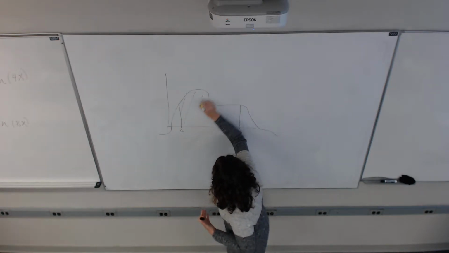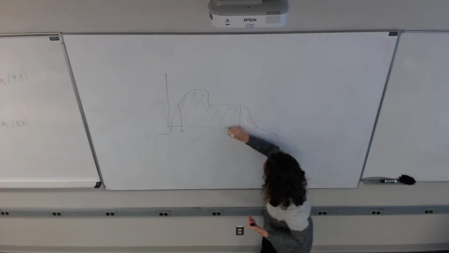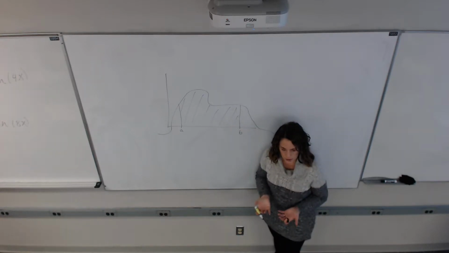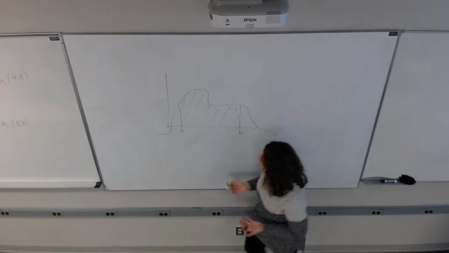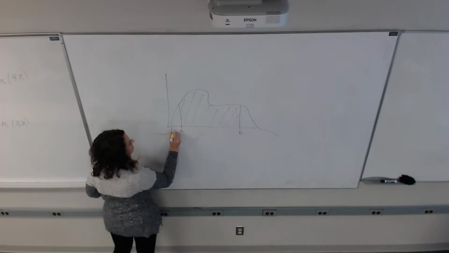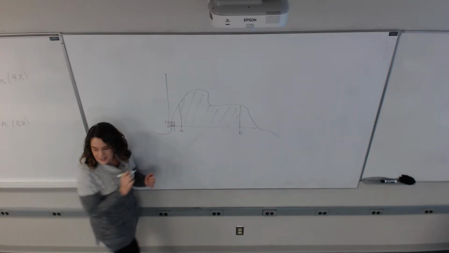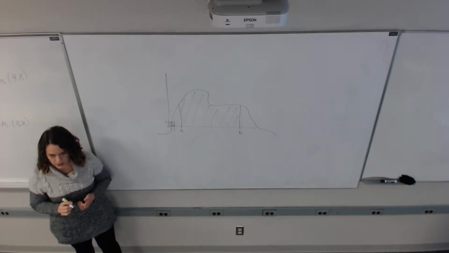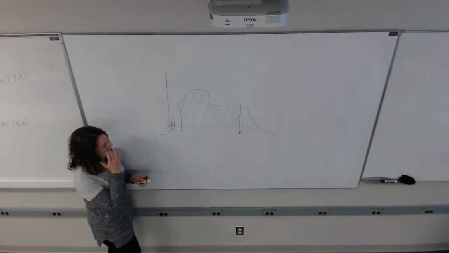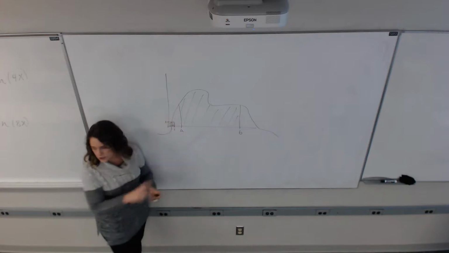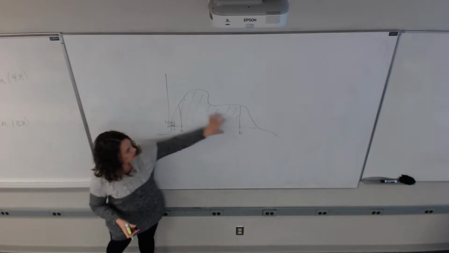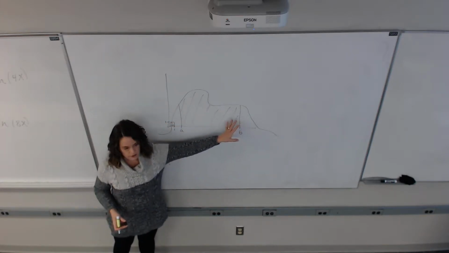We're looking at the area under that curve. How many square units is it? Keep in mind that a square unit is literally this 1 by 1 square, right? That's what we mean by 1 square unit. So the question is, how many of these 1 square units can you fit into this region here?